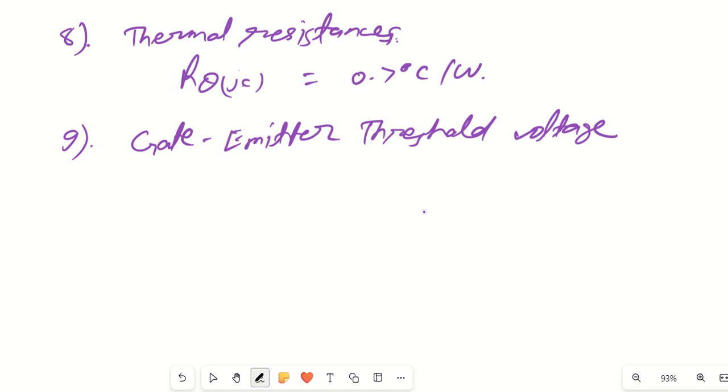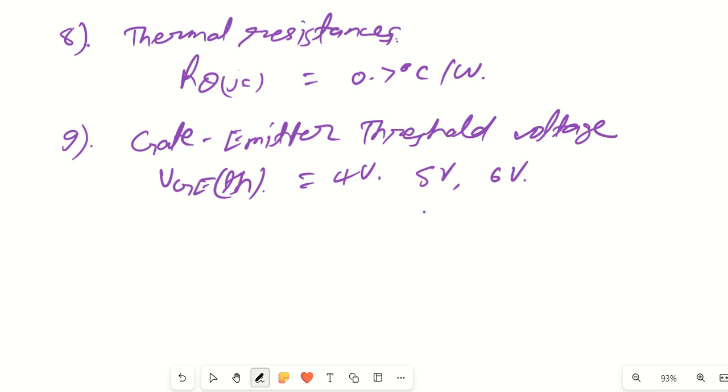If you have a lower gate emitter threshold voltage, it is better because it can be easily switched on. Understood? Higher gate threshold voltage means higher power dissipation or something like that sometimes. You can see it can vary from, let us say, 4 volt or 5 volt or 6 volt, in the range of 4 volt to around 8 volts or something. Okay.